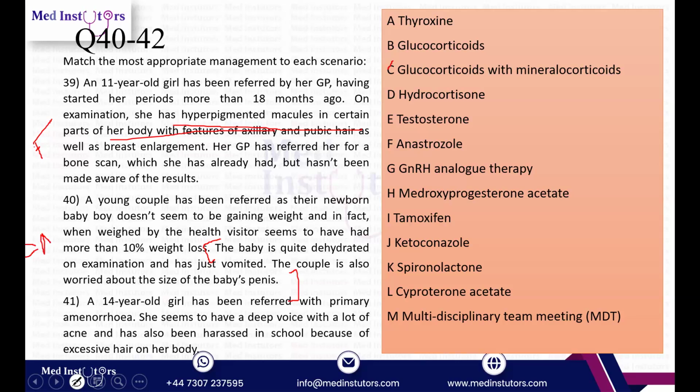This is classic CAH, guys, with salt-wasting crisis. Am I right? Yes. So Dr. Manikam was absolutely correct in saying that the treatment is glucocorticoids with mineralocorticoids. Yes. Dr. Pradeep, Dr. Hassan.